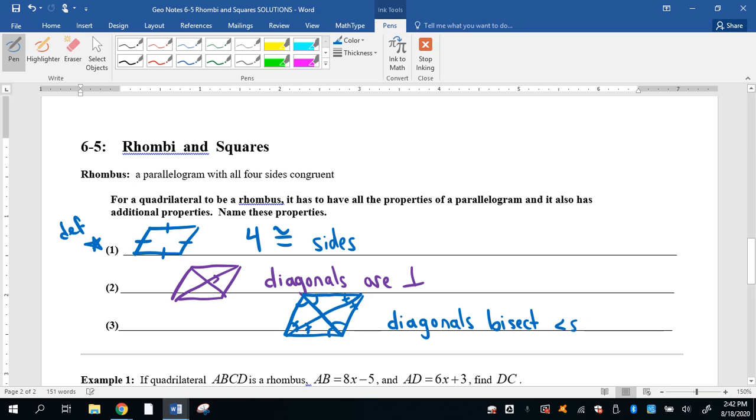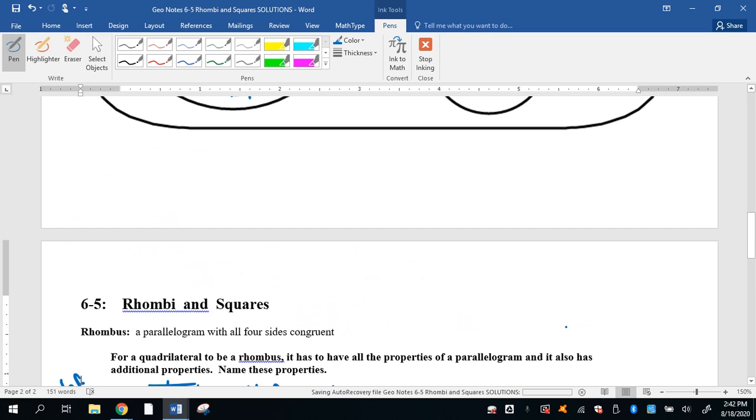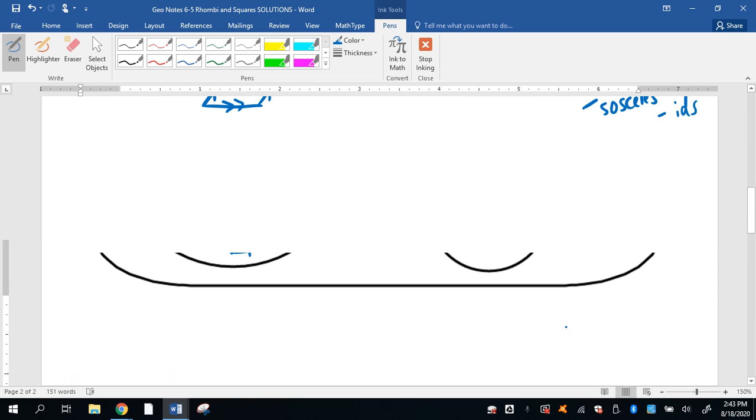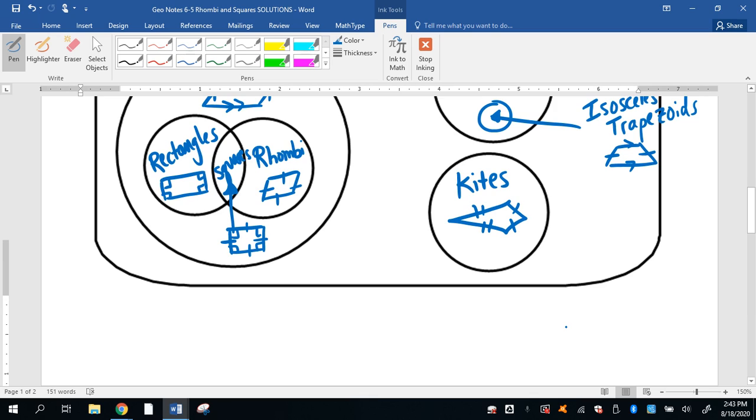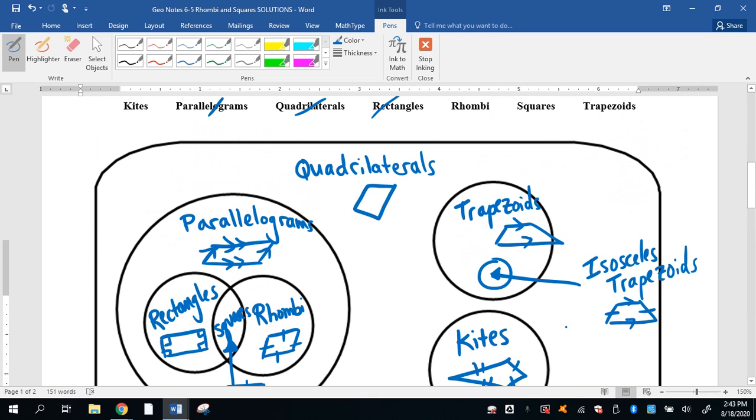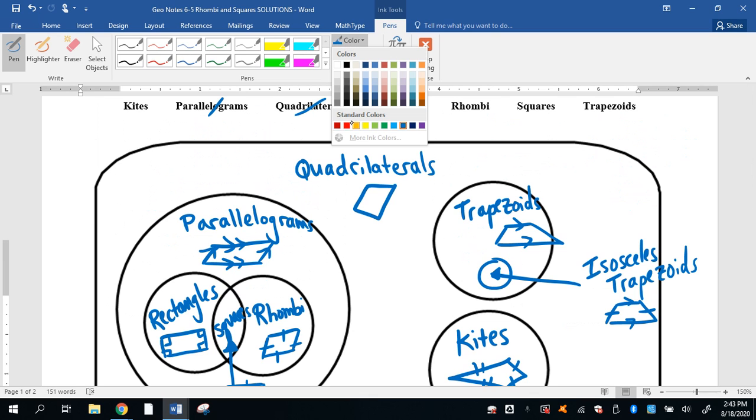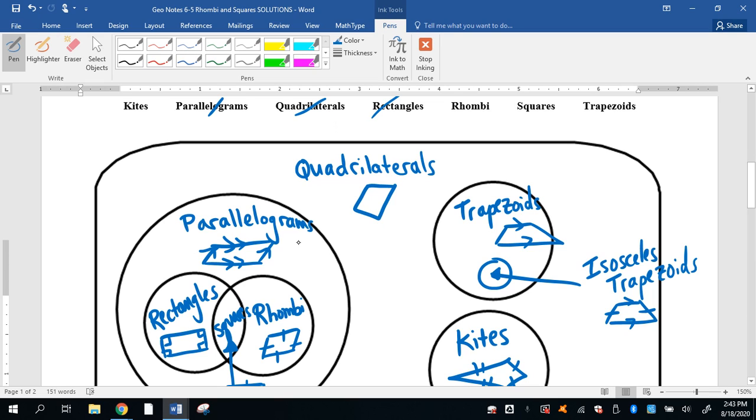So what we can do is go back to the front side and update our Venn diagram. Let's go with red to highlight the number of properties. So a parallelogram has 6 properties. We listed them on this front side. A rectangle has 2.